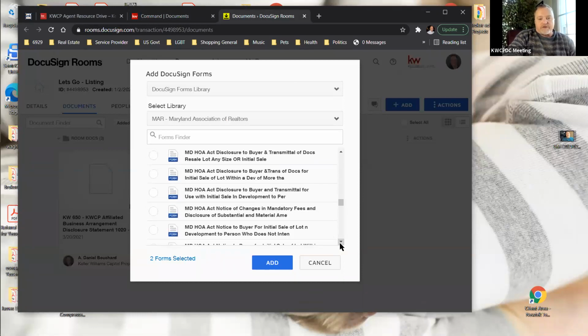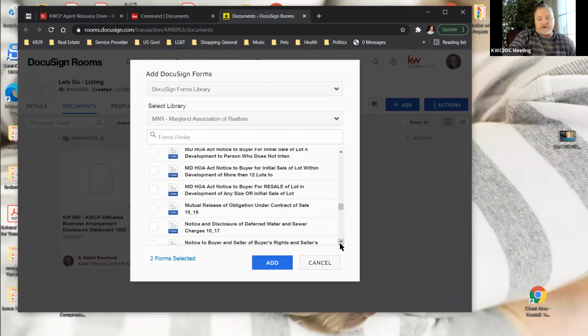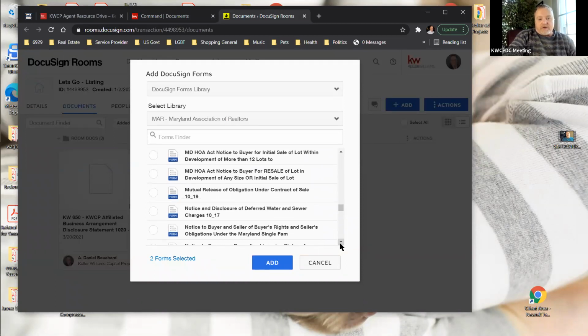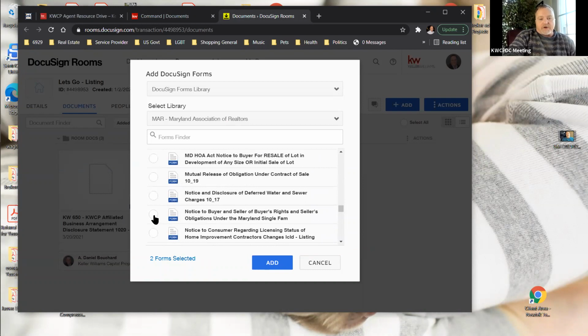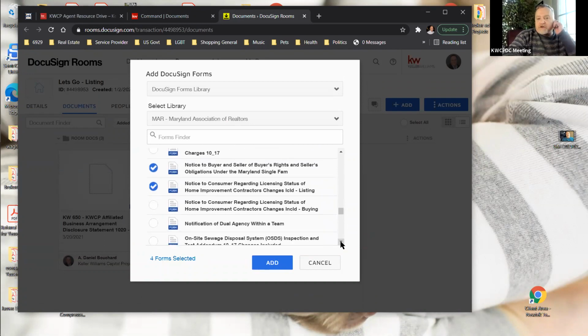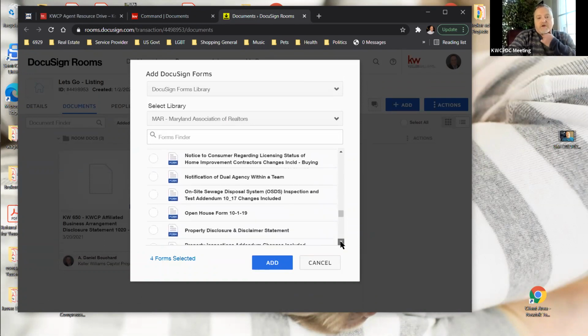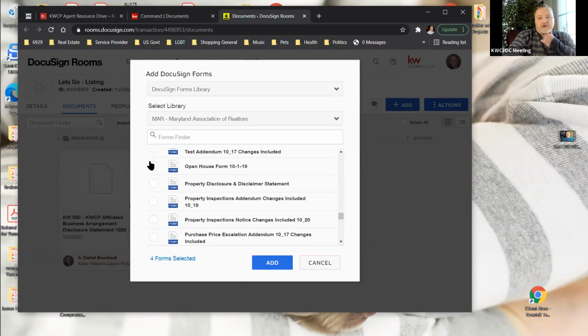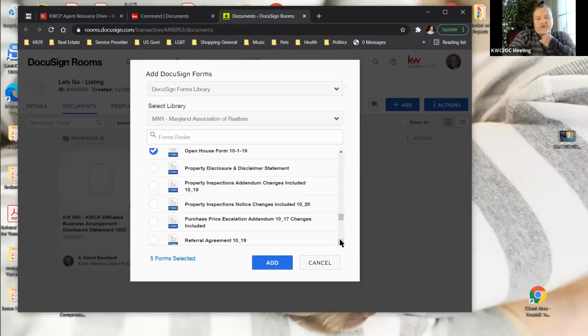Just for the purpose of doing this in an efficient way, we're going to need the notice to consumer. Right, open house, we're going to need the open house form. We're going to need the property disclosure.